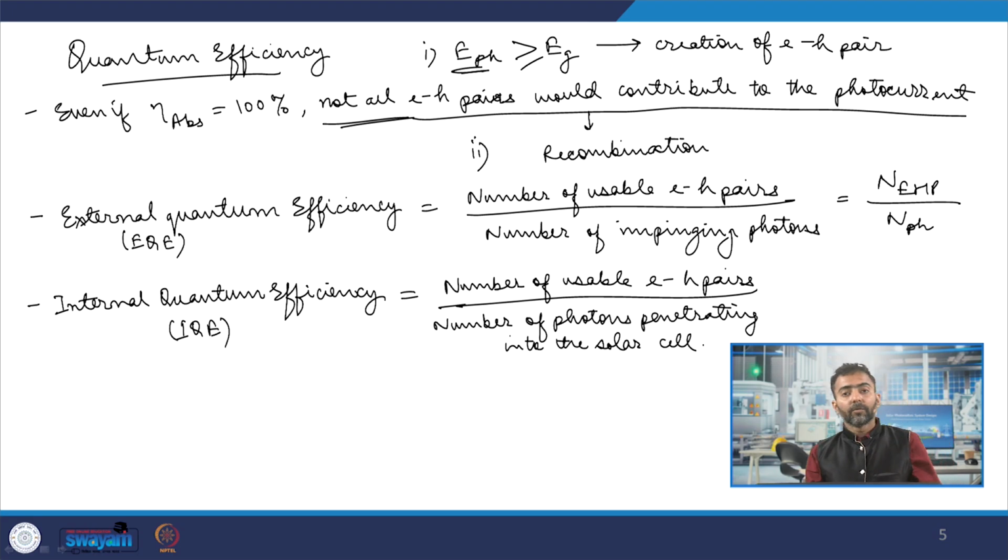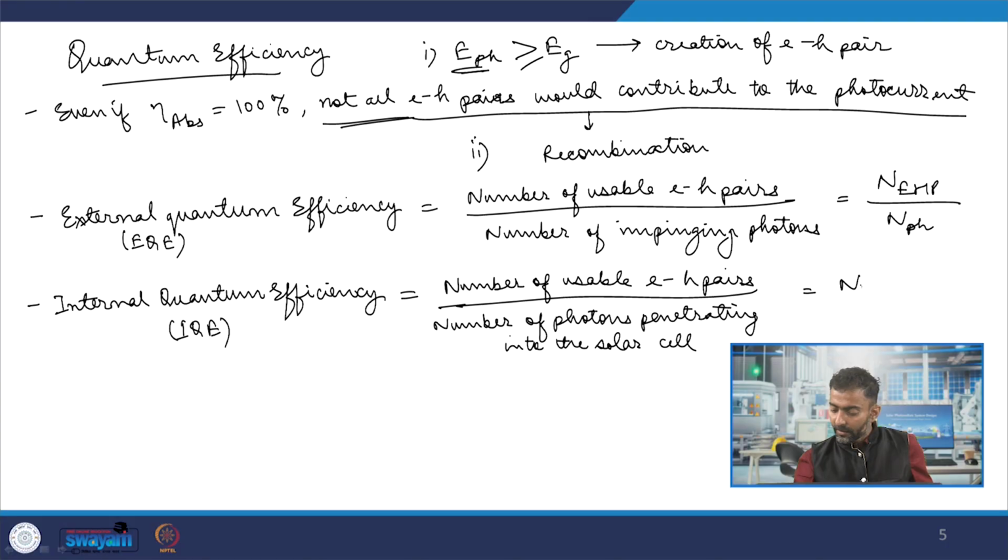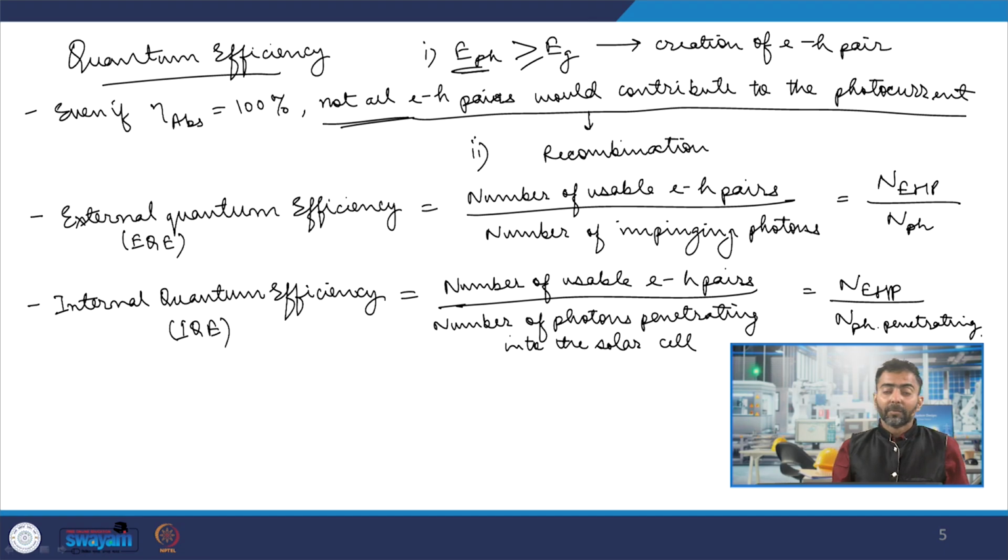So, basically what I am doing in the second one, internal quantum efficiency, is leaving out the reflected photons. Only the photons which have entered into the solar cell, those I am taking. So, this I am calling N_EHP divided by N_PH penetrating only. Basically, the reflected photons I am leaving out.